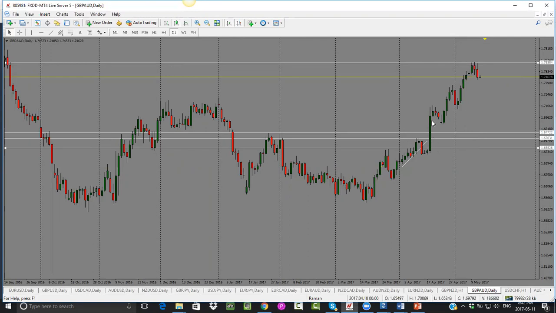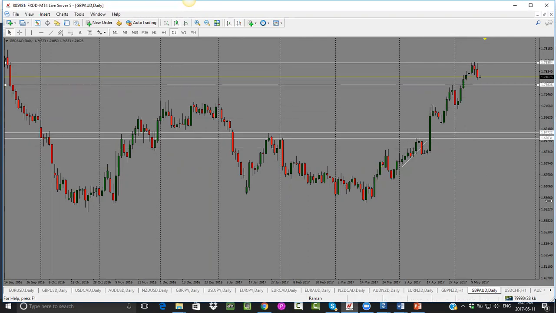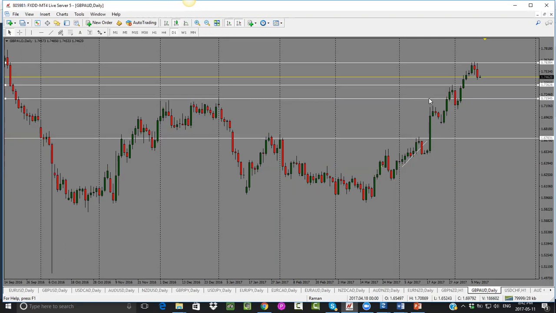So in terms of our targets here, this is where we are looking at, the 1.7360 level. That will be the next target to the downside here. Below that, we are looking at approximately the 1.7200 level.